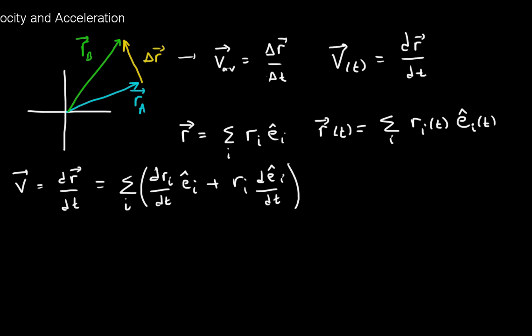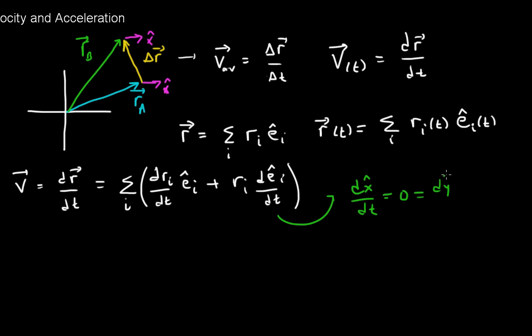Now this term right here looks a little funny, especially if we talk about what that means. Say, for example, dx hat dt. How does the x unit vector change with time? If x hat here points this way, later on when we're up here, x hat still points in this direction, and therefore dx hat dt is 0.